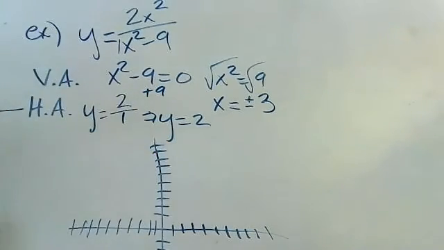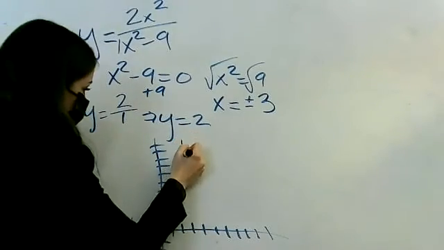Okay, so let's just tackle the one that we all are wondering about first, the vertical asymptote. How do I do a positive negative 3? How do I show on my graph plus or minus 3? You have to do both versions. So we have to graph the asymptote for positive 3, which would be over here.